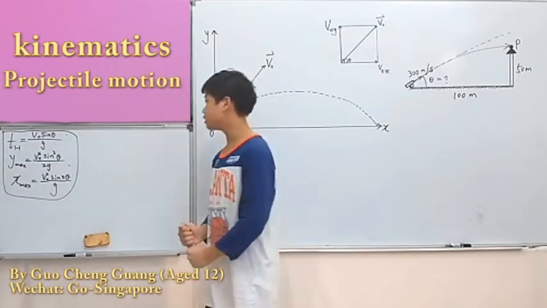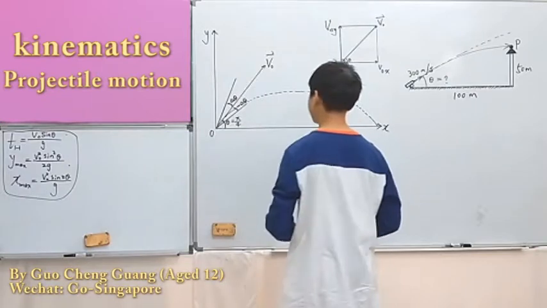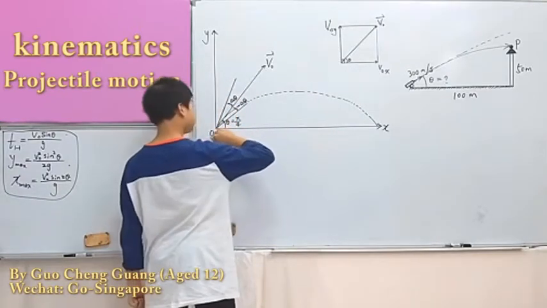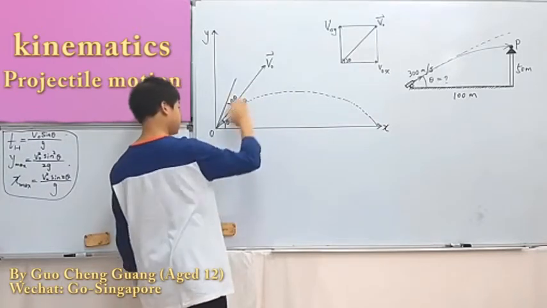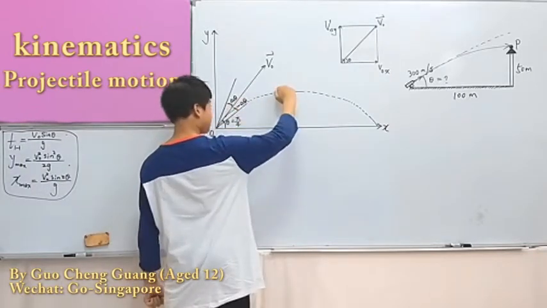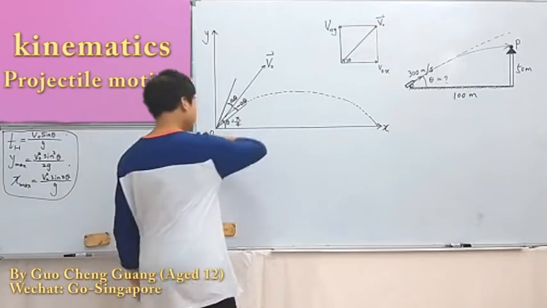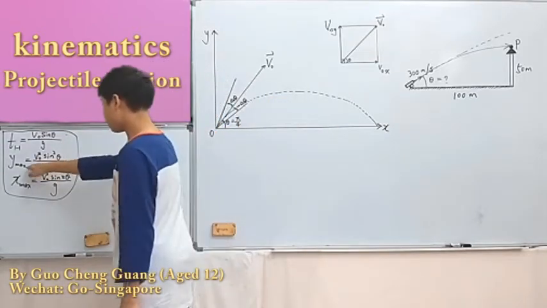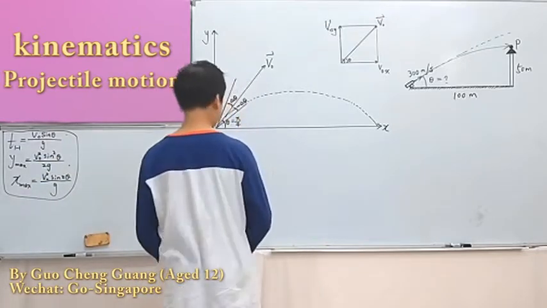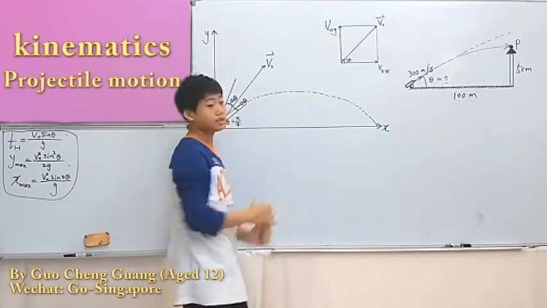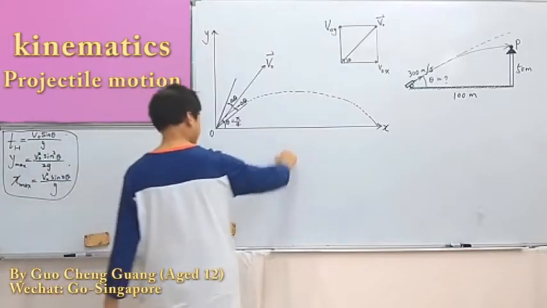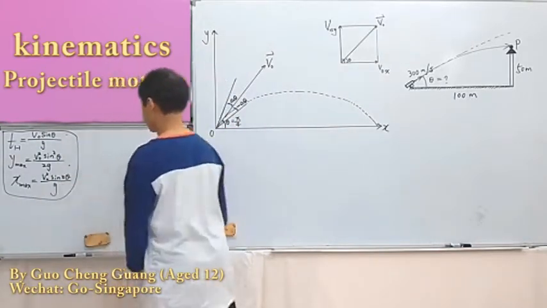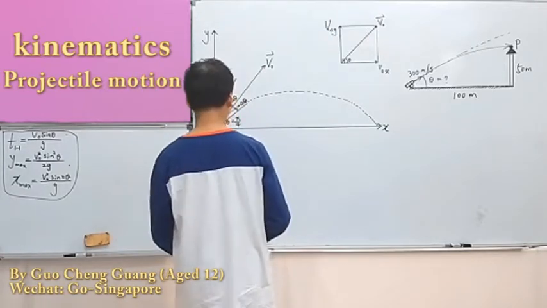The first part is the time taken for this object to reach its maximum height. For the second part, y maximum, it's just the maximum height. The last part is x maximum.